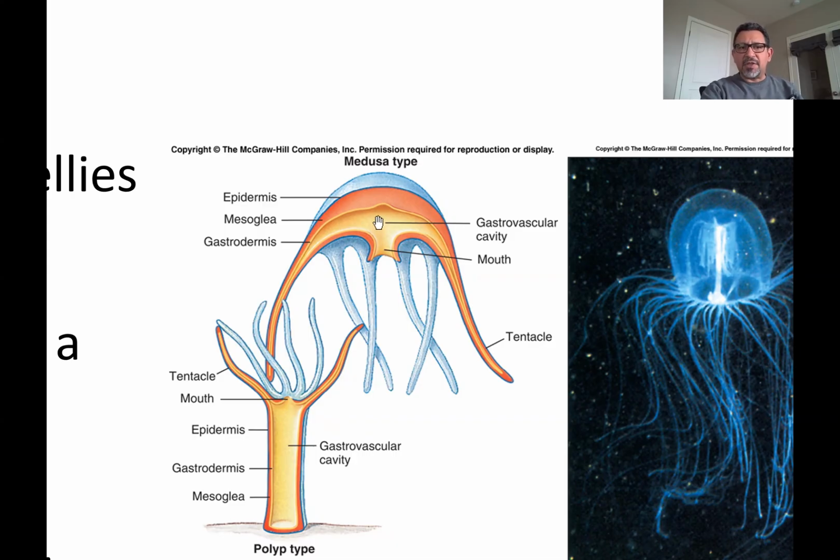The cavity inside, or the space inside of a cnidarian, is going to be known as the gastrovascular cavity. Here we have a compound word. Gastro means digestion, and vascular means circulation.